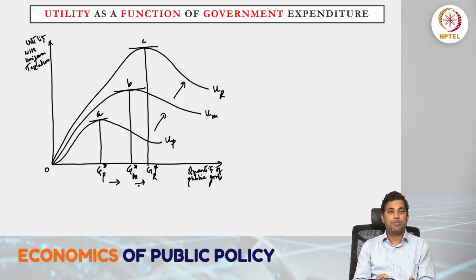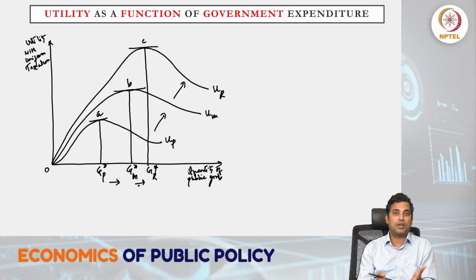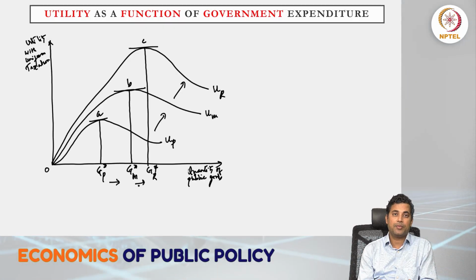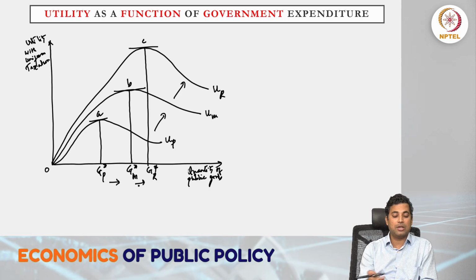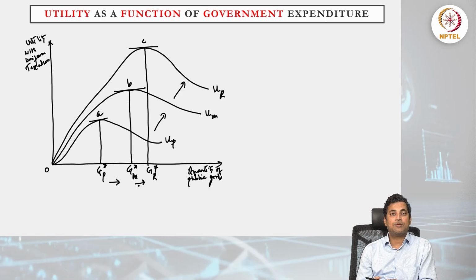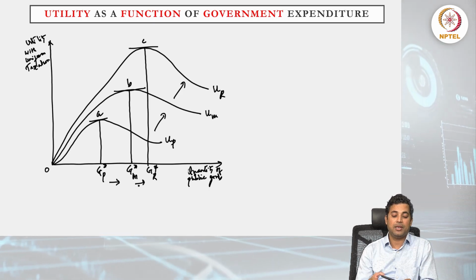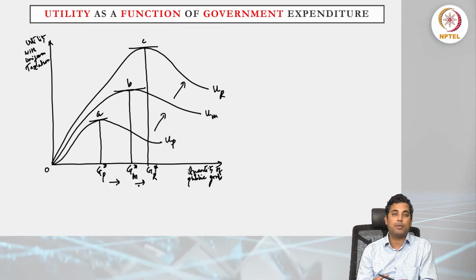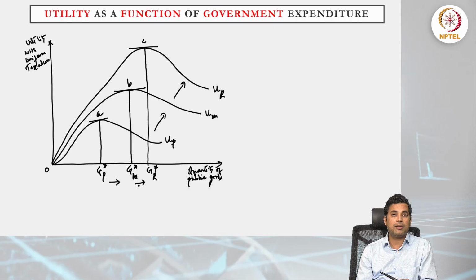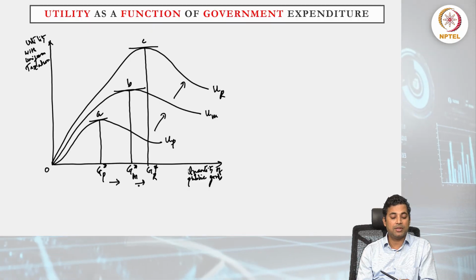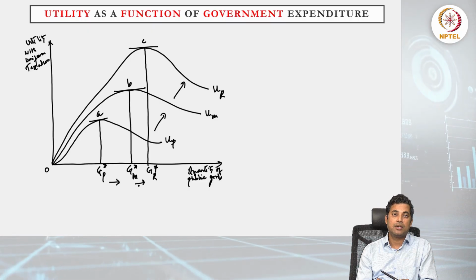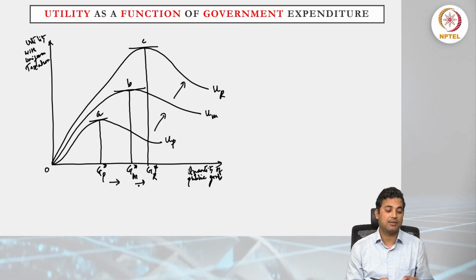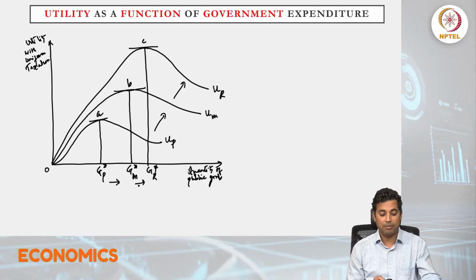Of course, because we have only considered the uniform taxation case where the utility will be reflected, the rich person's consumption of public goods will be higher than the middle income person's, and the middle income person's consumption of public goods will be higher than the poor person's.